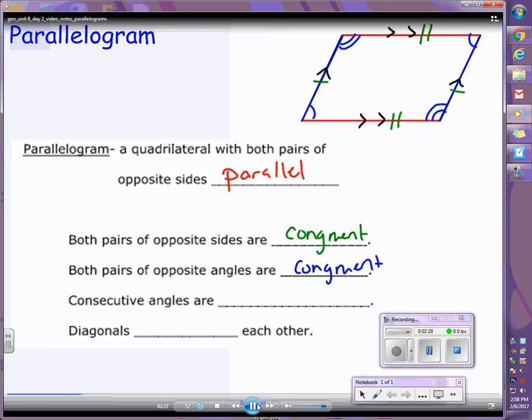Next statement reads, consecutive angles are supplementary. If you don't remember what consecutive means, same side inside. Supplementary means that their measures add to equal 180. So I'm going to highlight which two angles are consecutive.